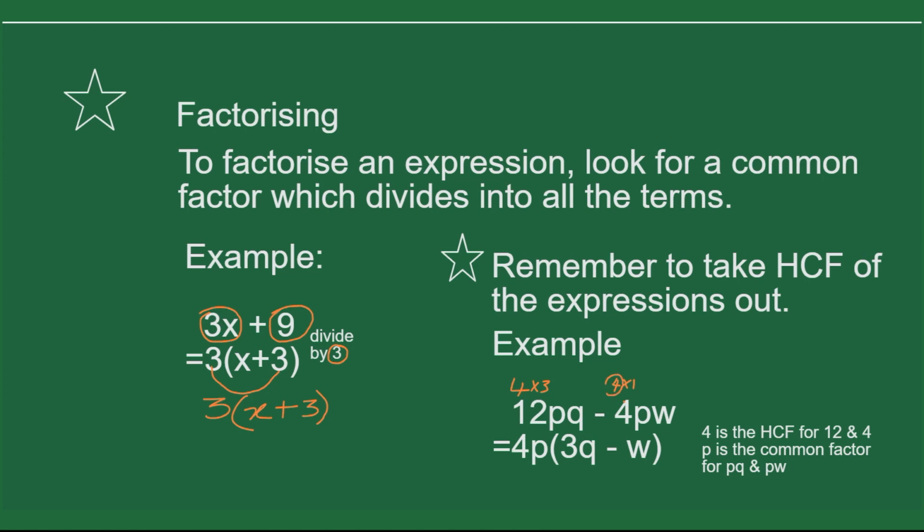Then for pq and pw, the common factor is p, so the p is coming out. Left over is 3 and q, so 3q minus 4; p is gone, so w is left over. So the answer is 4p outside of the bracket, 3q minus w.